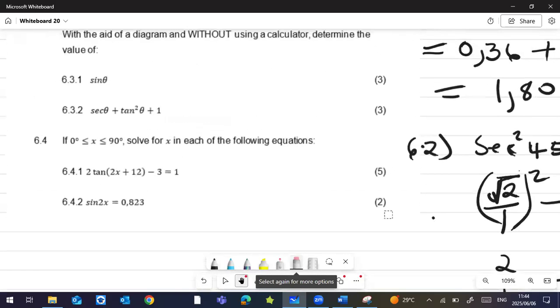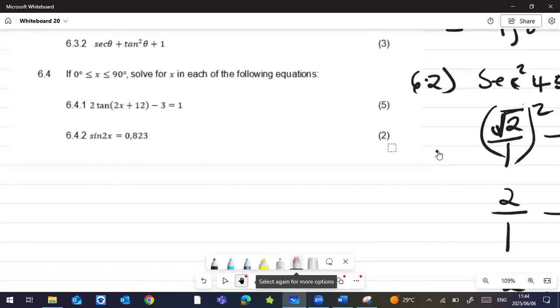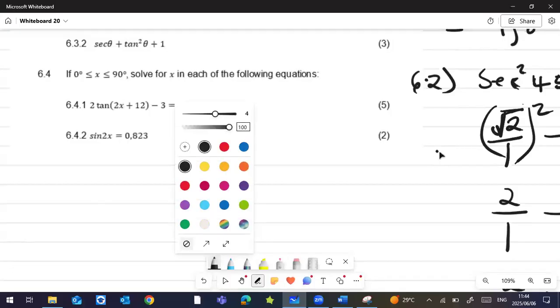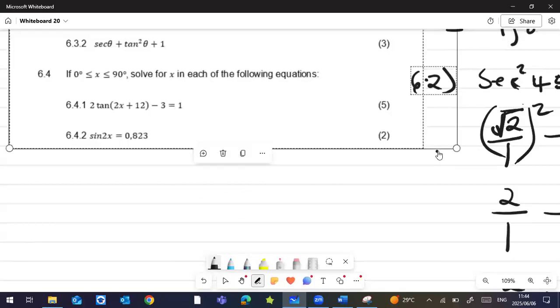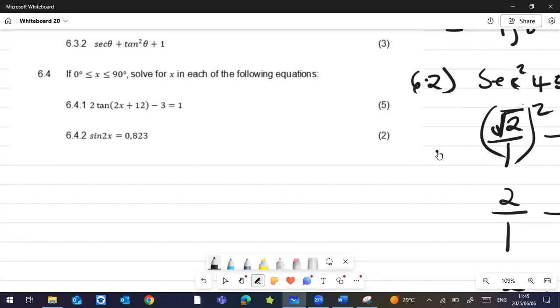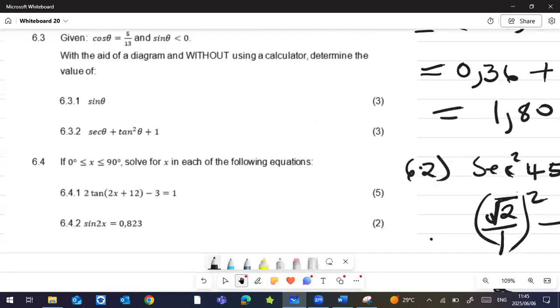What is it that I'm given from this question? Let me write what is given, because the given information will help me to get the correct diagram. Remember, my terminal arm can be in the first, second, third, and fourth quadrant. So we need to know which quadrant we are working in.